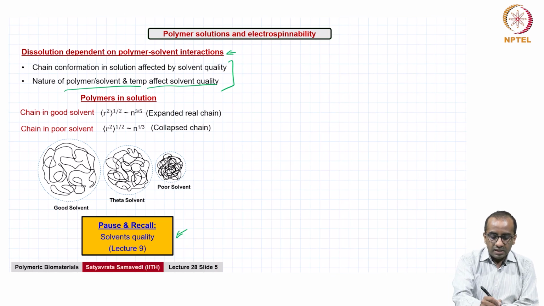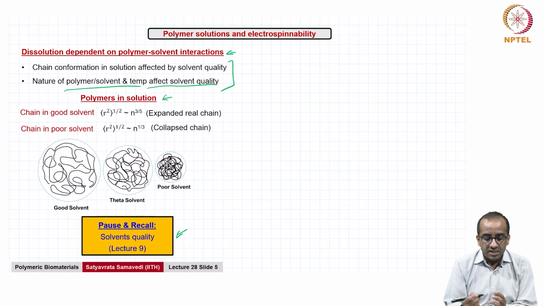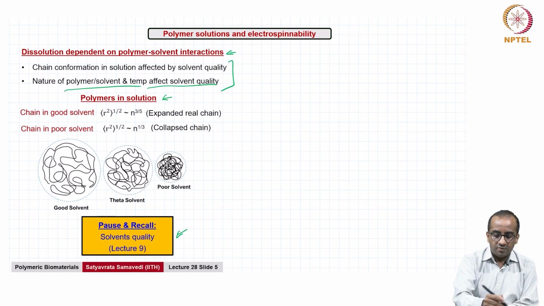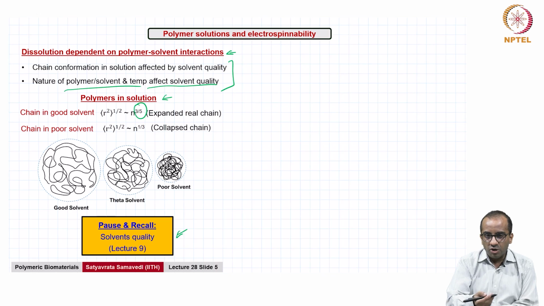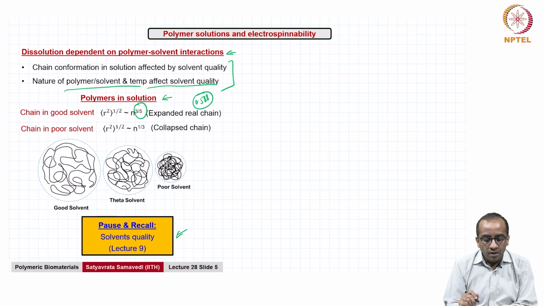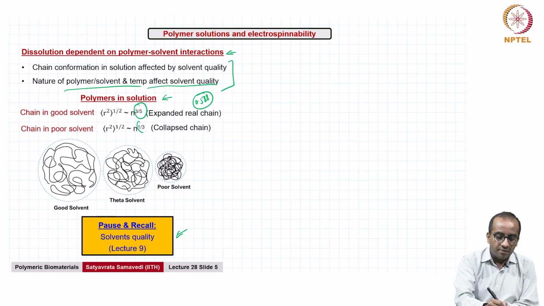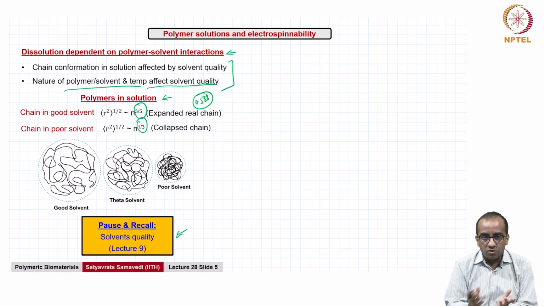And we have already seen in lecture number 9 that for chains in a good solvent, a real chain, the scaling is 0.6 roughly, 0.588 to be more precise, or the scaling in a poor solvent happens to be 1/3, which is the collapsed chain.